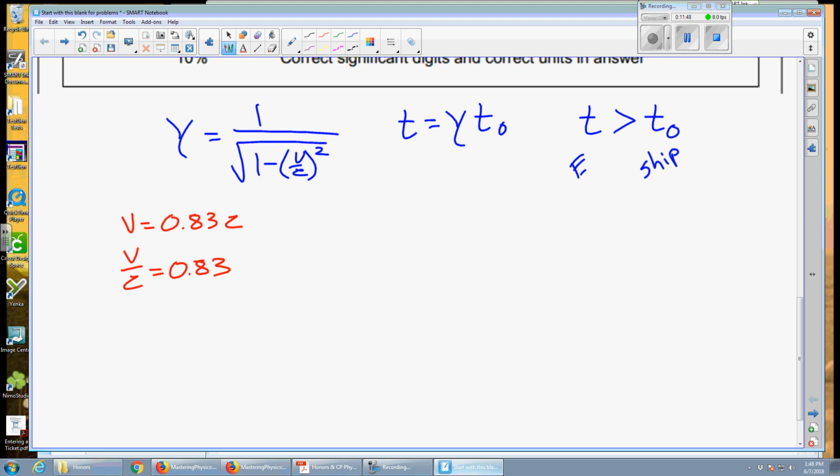So we're saying T is the Earth. For me, that's 4.5 seconds equals gamma, 1 over the square root of 1 minus 0.83 squared, times T naught.